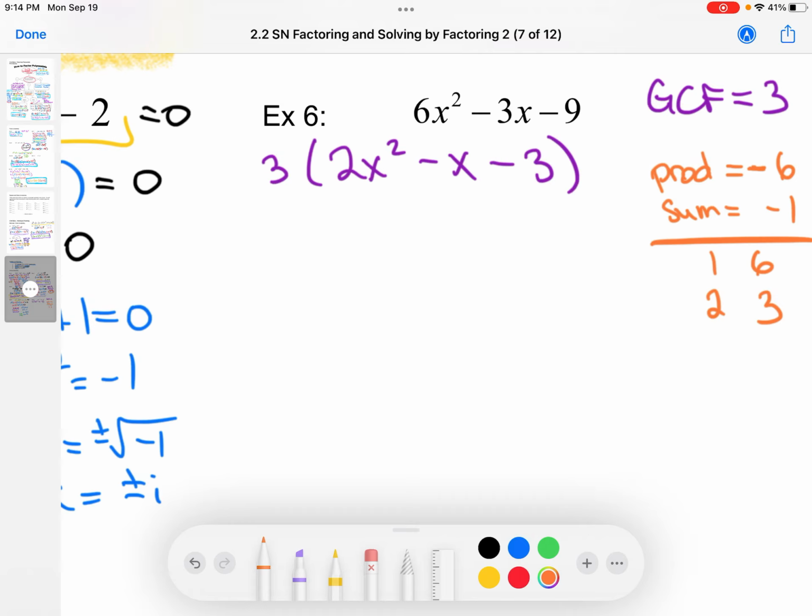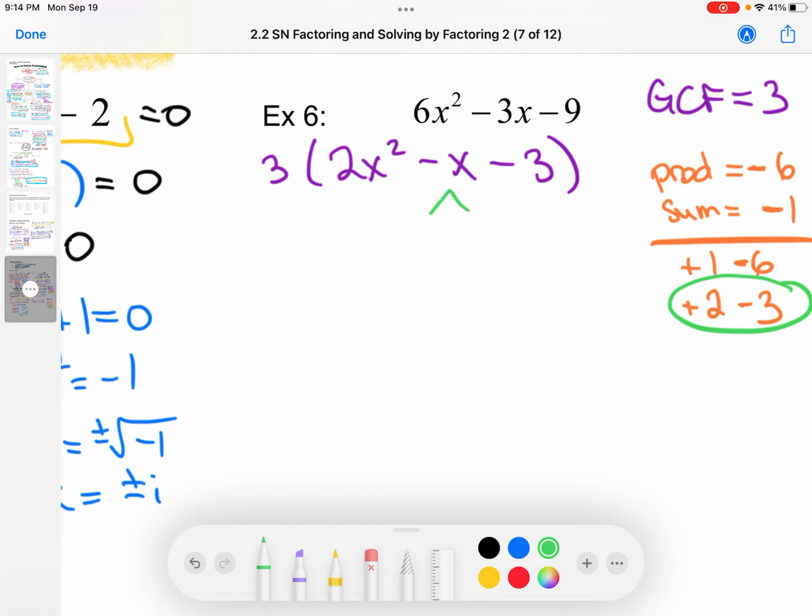To multiply to be a negative 6, we need a negative sign. To add up to be a negative 1, that larger number needs the negative sign, so that smaller number will be positive. Then, if we take a look at this, we do have a set of magic numbers that works. 2 and negative 3 multiply and add to be what we need.